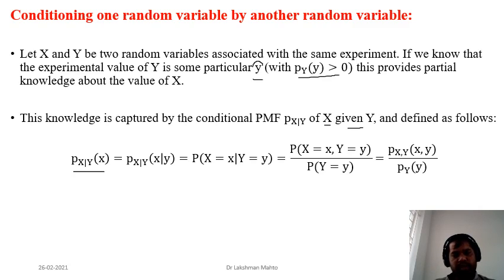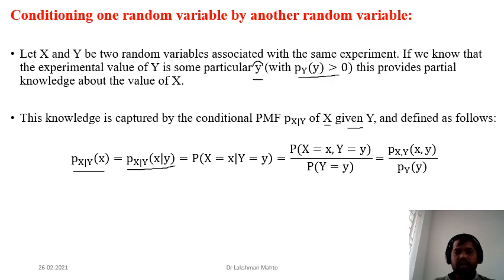Actually we define it as p of X given Y, of x given y. We should read it this way, but sometimes it is an abuse of notation. Here only x is varying, and at a particular time y is fixed, so it is actually a function of x only. This notation might be fine if you want to proceed further, so there would be no issue.